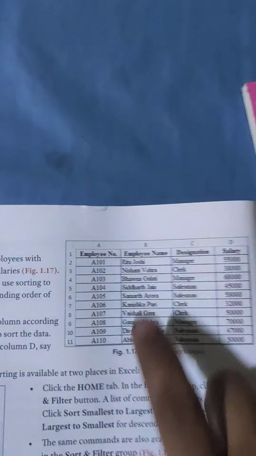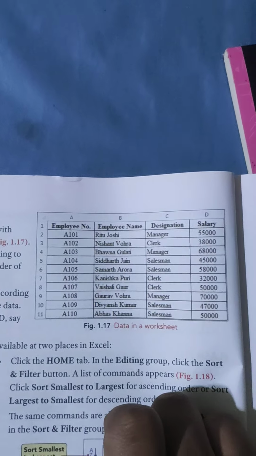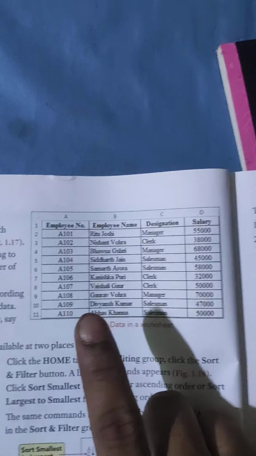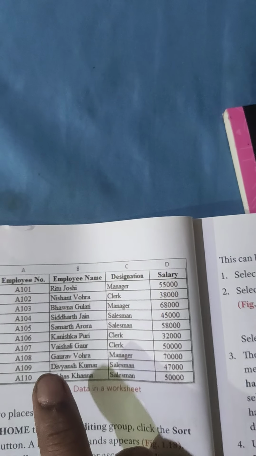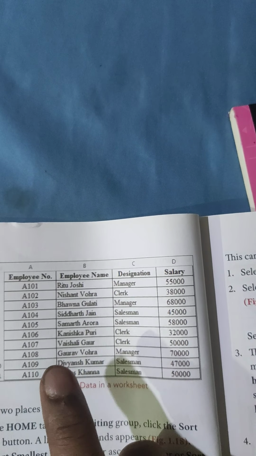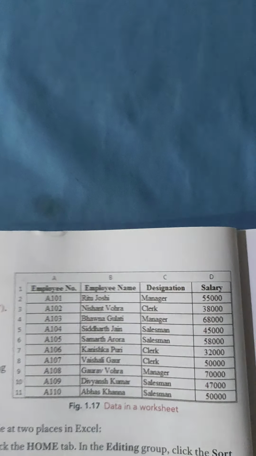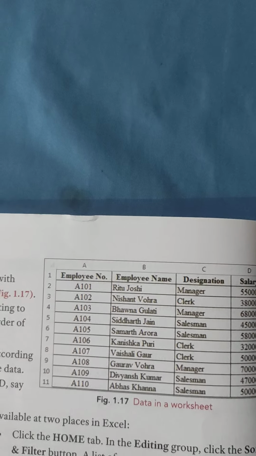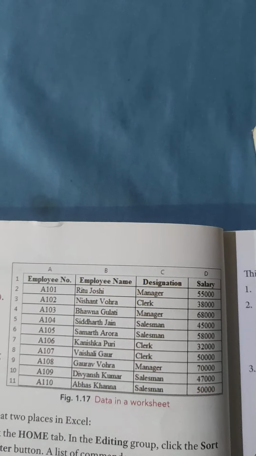Now you have to select the cell to which you want to apply this sorting technique, in which you want to arrange them according to your manner. For example, if you don't specify any order such as custom sort, which we'll be discussing later on.